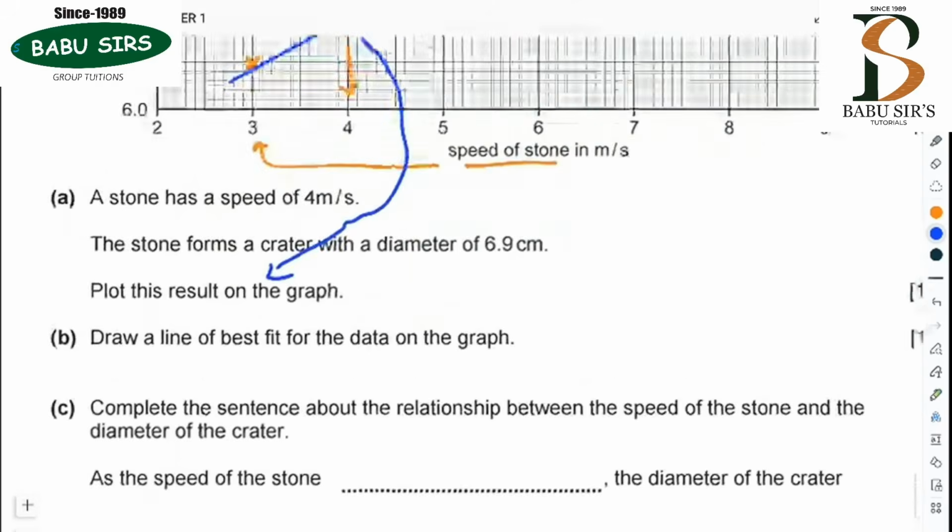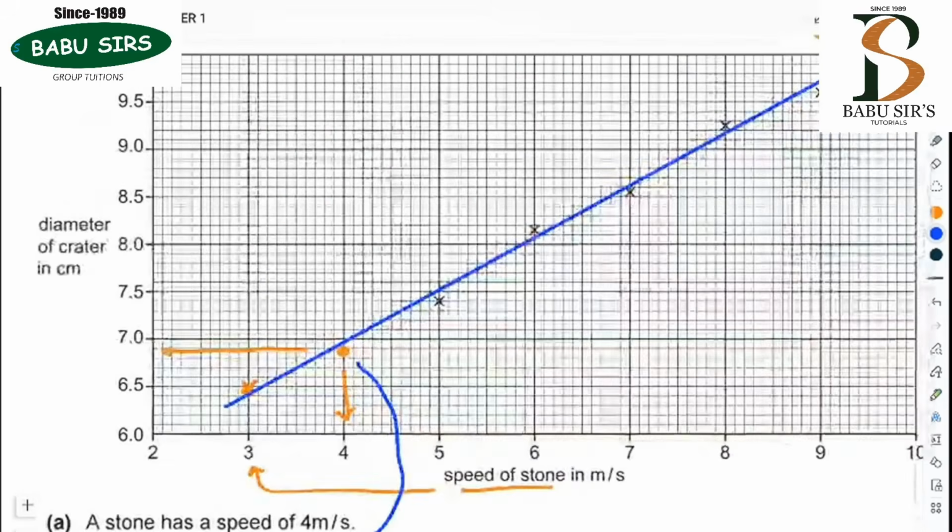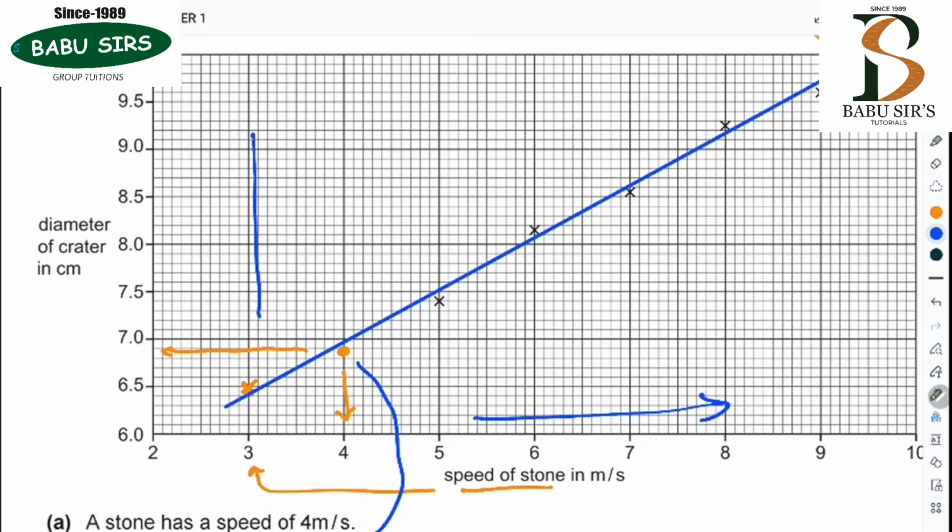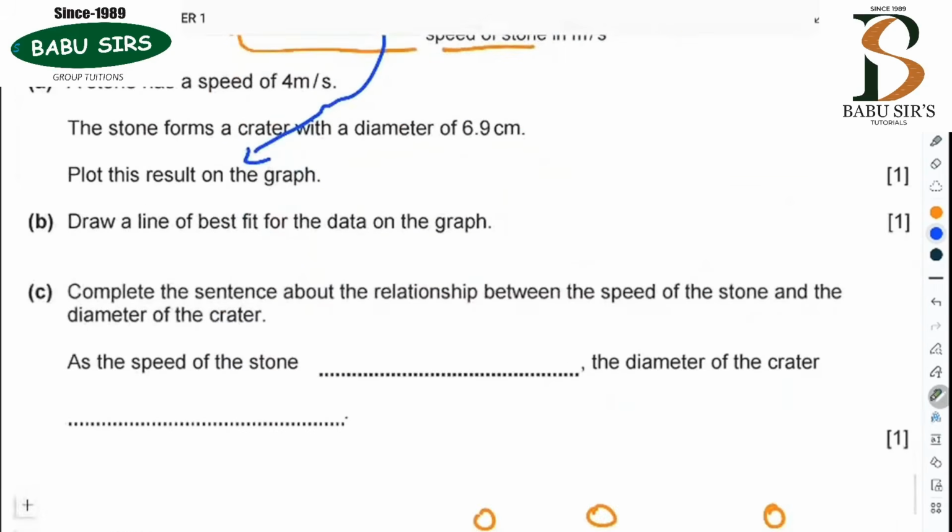Now, by seeing the graph, you can see as the speed goes on increasing, the diameter of the crater is also going on increasing. Complete the sentence about the relationship between the speed of the stone and the diameter of the crater. So as the speed of the stone increases, the diameter of the crater gets greater.